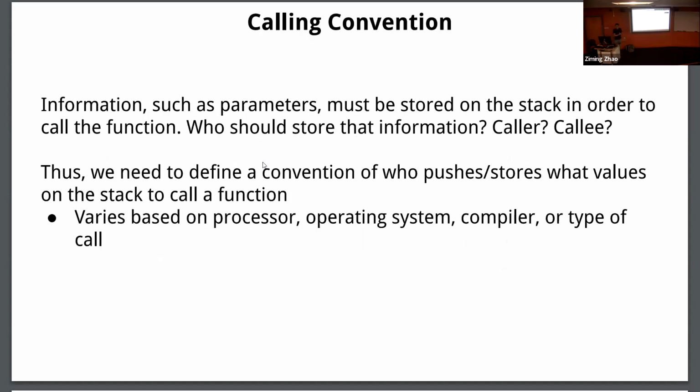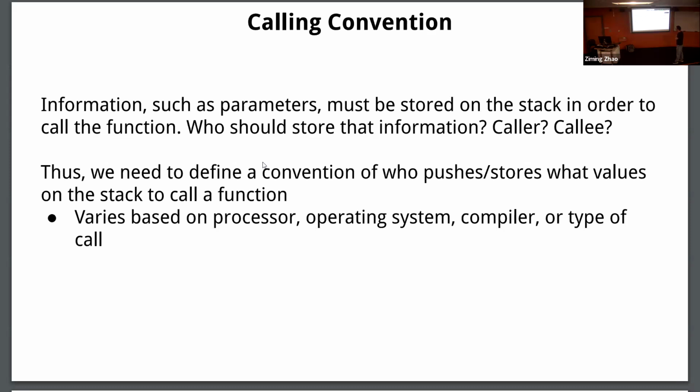Calling conventions. For the same piece of C code, for the same function, the compiler can make different choices to implement it. And different compilers can make different choices. That's why we need some standard or conventions, so that code generated by different compilers can still call each other. In function calls, that is called the calling convention.